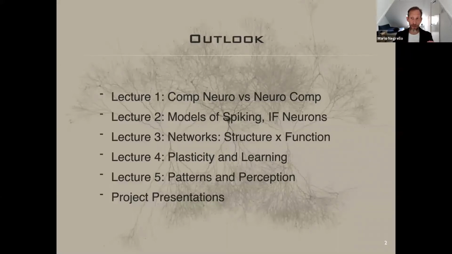And then on lecture 3, we're going to be focusing on networks, both spiking networks and non-spiking networks, looking into structure and function relationships. Then on lecture 4, we're going to be looking into the relationships between plasticity and learning. And on lecture 5, we're going to focus on patterns and perception.